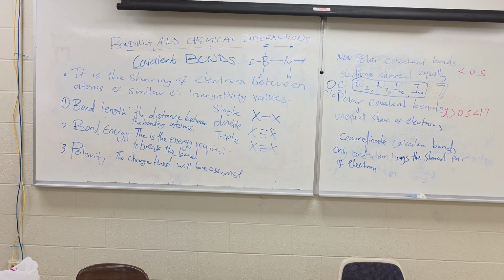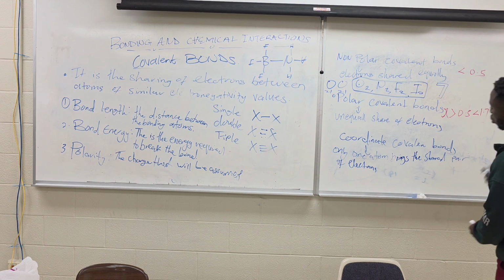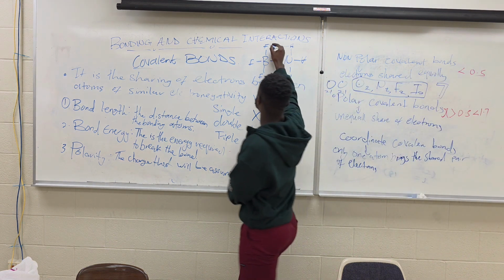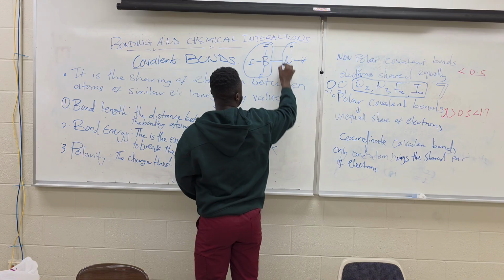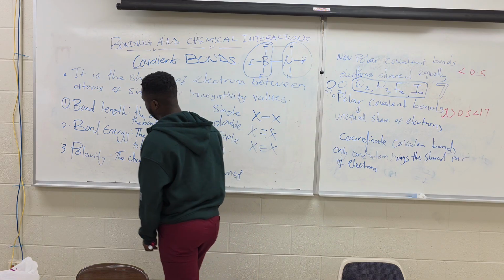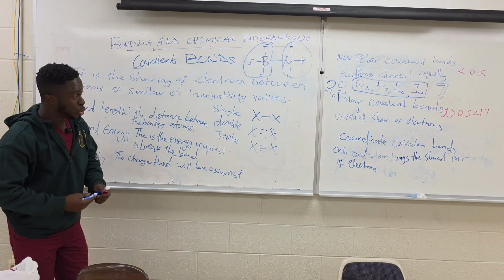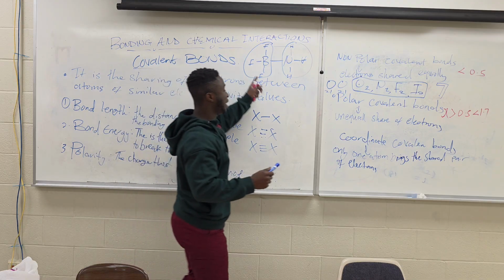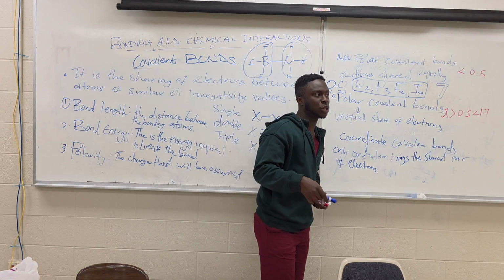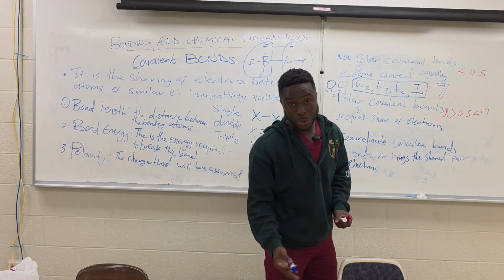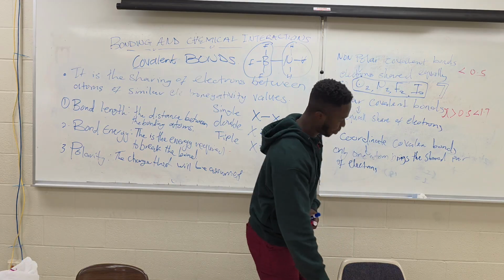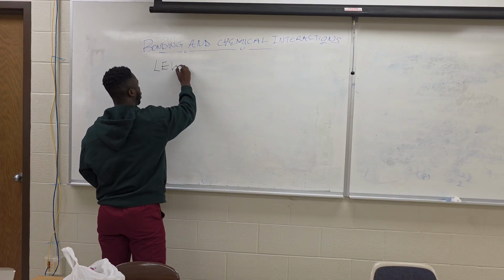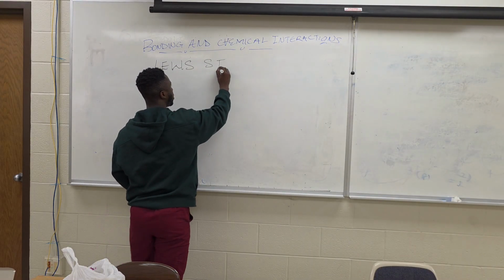In so doing, we get ourselves a coordinate covalent bond structure. In this case, it was between a molecule and another molecule. You get it? So that is how those things go. And this is going to give rise to our next topic of discussion, Lewis structures.